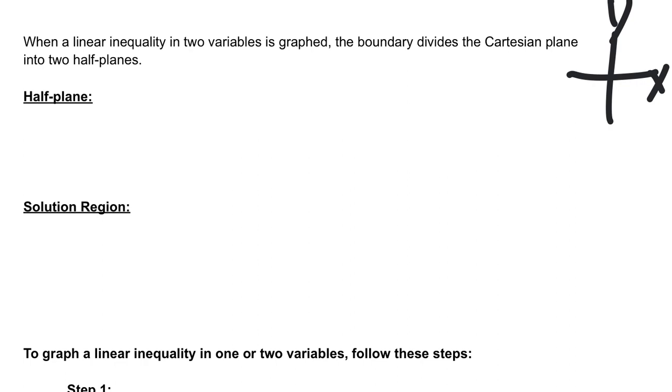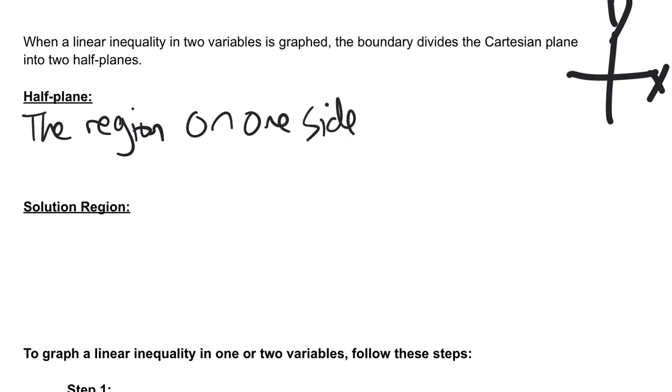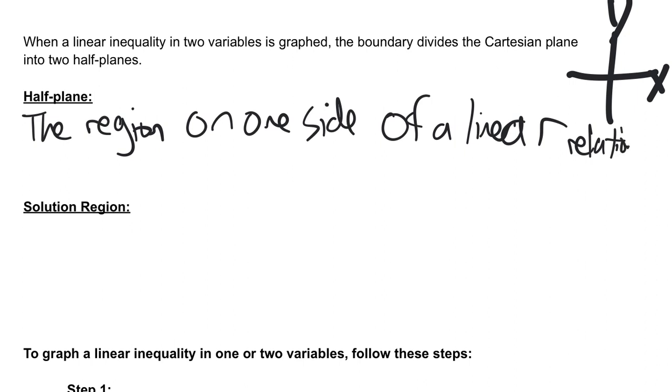So a half plane is the region on one side of a linear relationship, and that half represents your solutions.